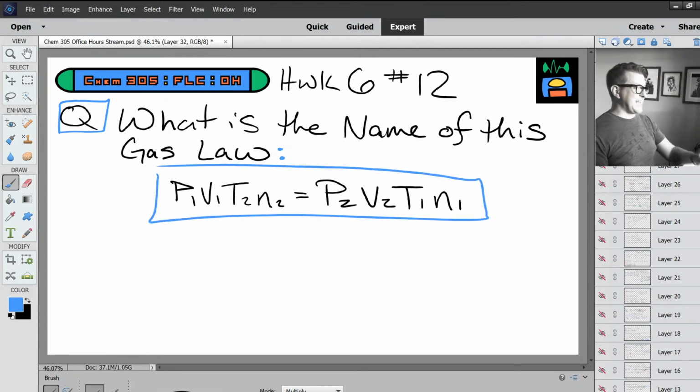And you may look at this aghast. So unfortunately, you can't ignore the temperatures in moles.